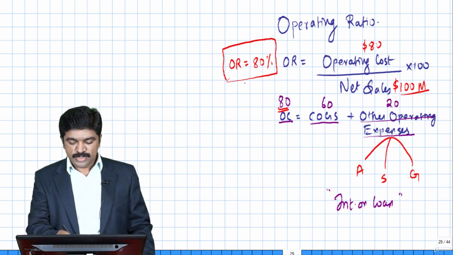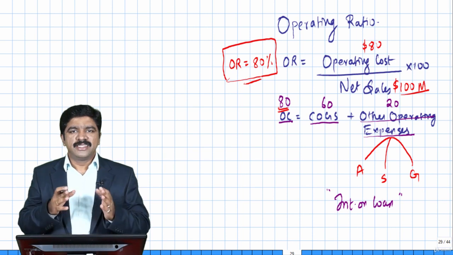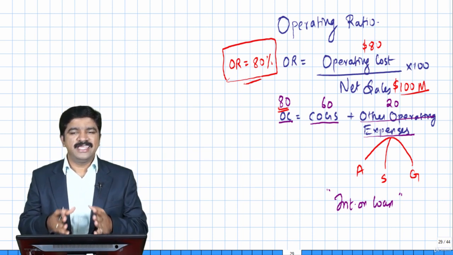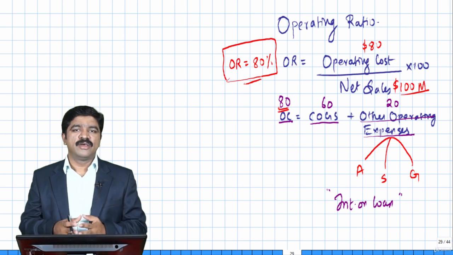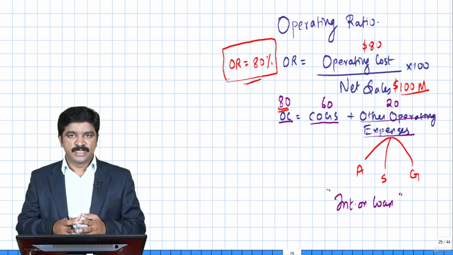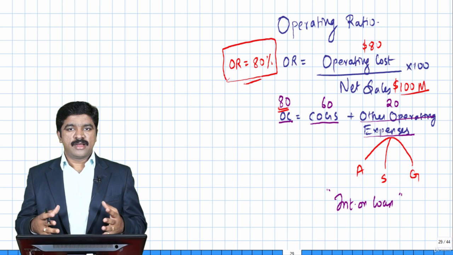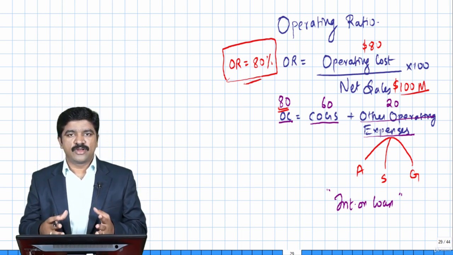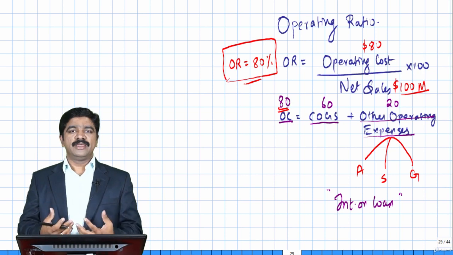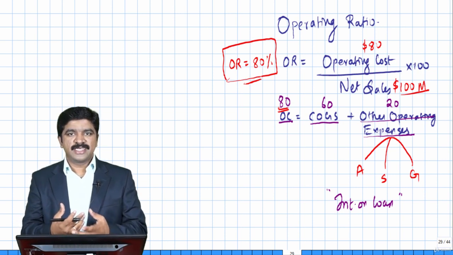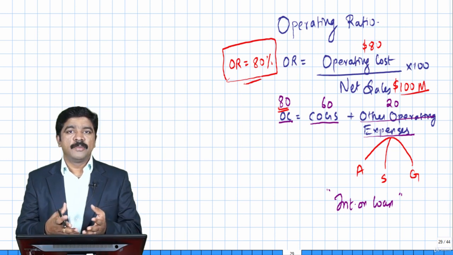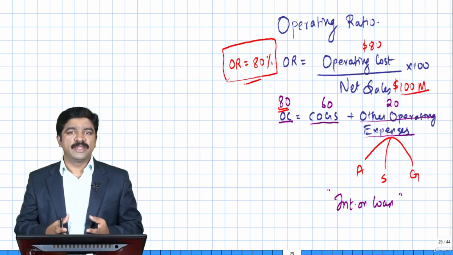What I mean here is that from your sales, 80% of the sales goes to meet your operating cost.